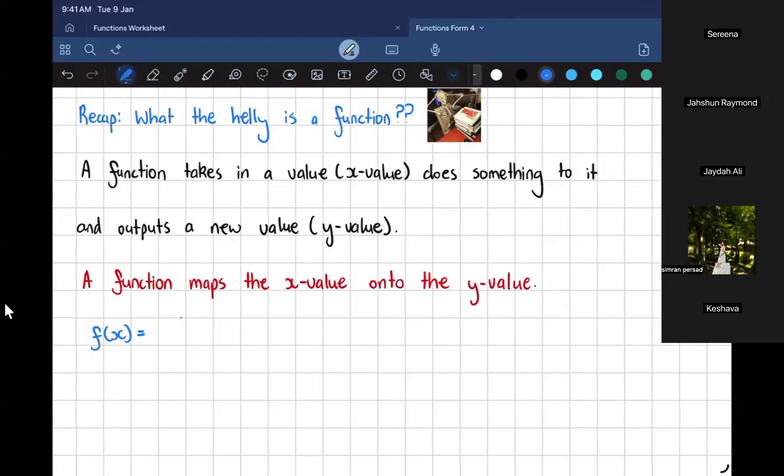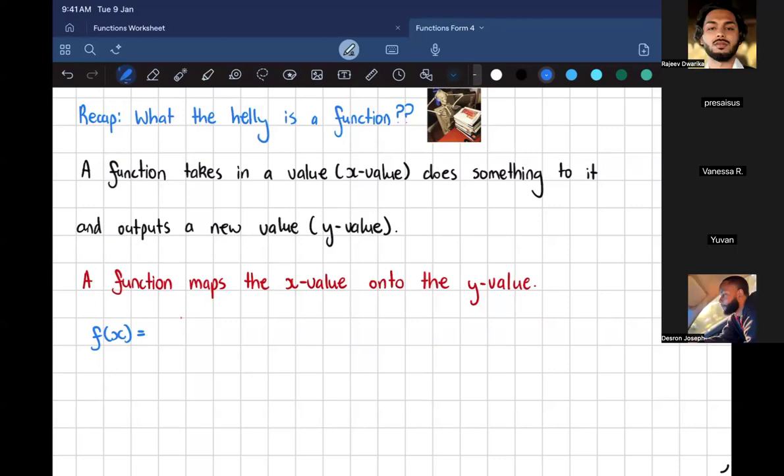Anybody in class give me an example of a function. So all you're doing is just doing something to x. You can add something to x. You can take away something from x. You can multiply x by something, anything. Let me hear, guys. Somebody tell me something. You're leaving me hanging like a cliffhanger.